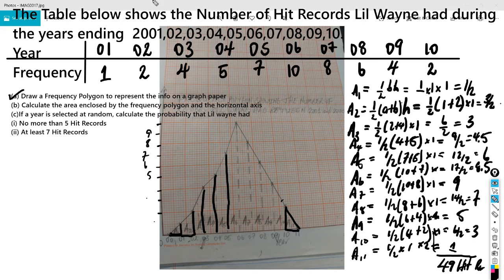And the reason why we know that this answer is actually right, guys, is because when we add the frequency for this whole question, 1 plus 2 is 3, 3 plus 4 is 7, 7 plus 5 is actually 12, 12 plus 7 is 19, plus 10 is 29, 29 plus 8 is actually 37, 37 plus 6 is actually 43, 43 plus 4 is actually 47, and plus 2 is equal to 49.